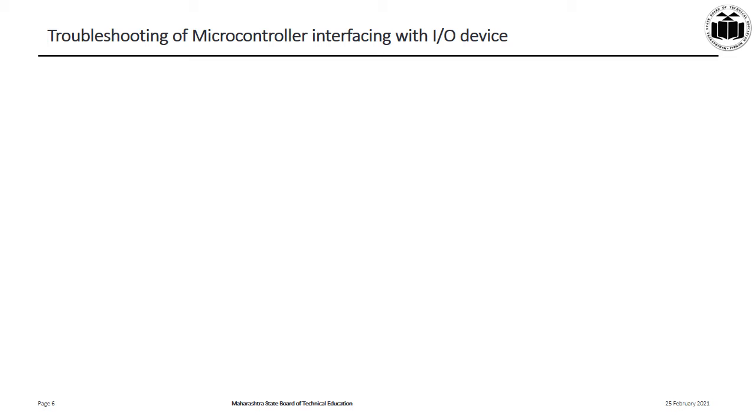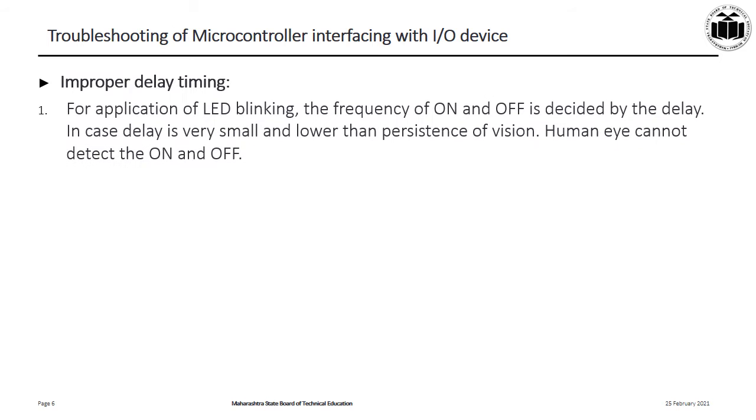Troubleshooting of microcontroller interfacing with I/O device. Another reason can be improper delay timing. For example, in an LED application where LED blinking is required, the frequency of on-off is decided by the delay.